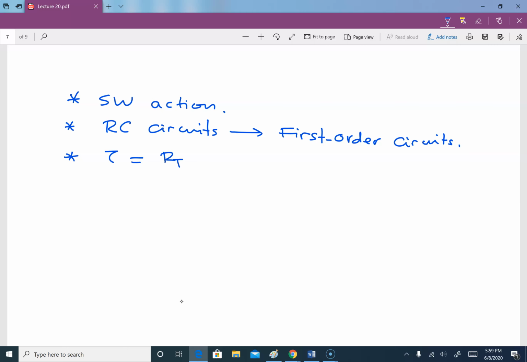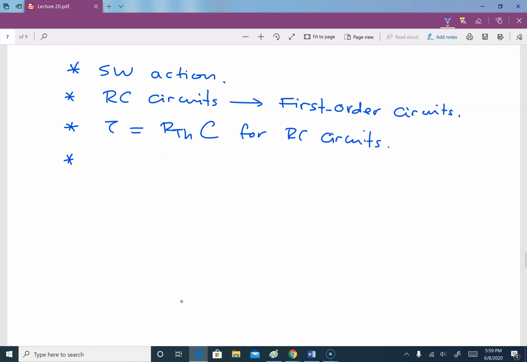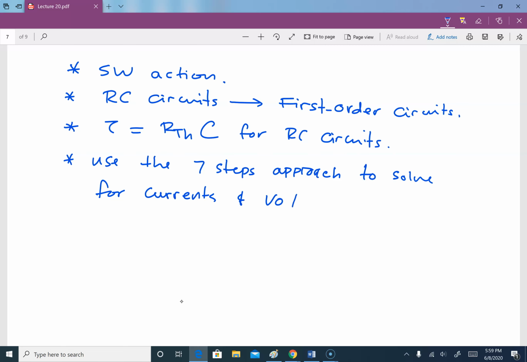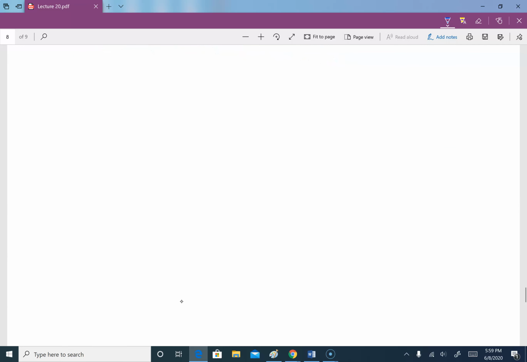Tau is equal to R Thevenin times C for RC circuits. And use the 7 steps approach to solve for currents and voltages. You will be in good shape. And this is our homework.